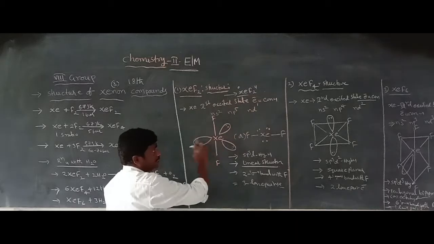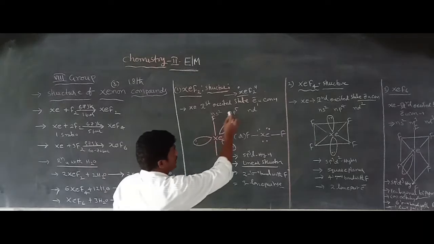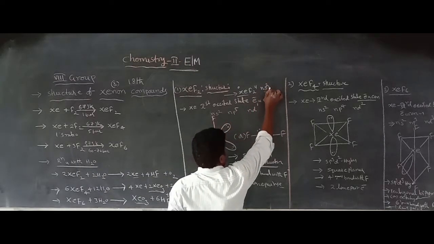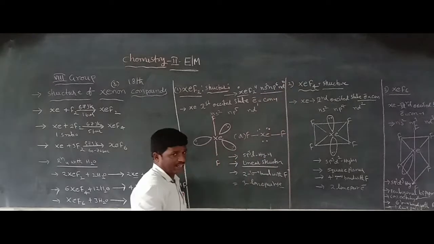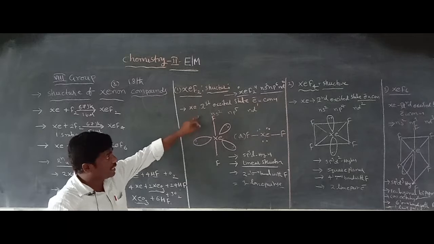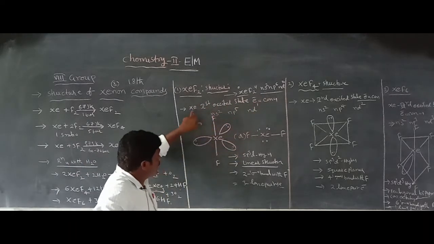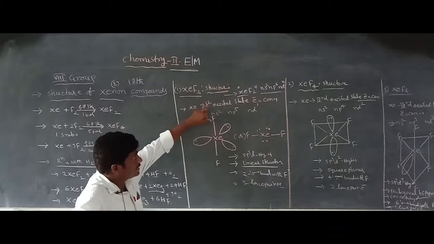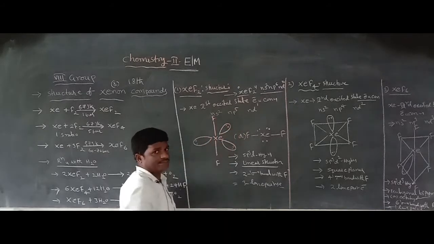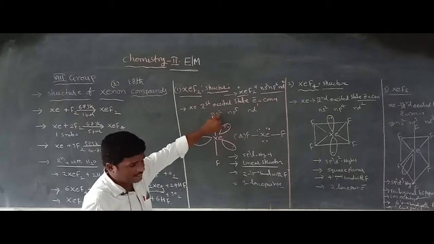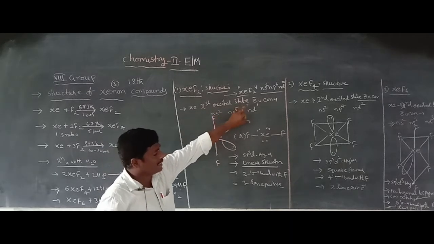The xenon ground state electron configuration is 5s2 5p6 5d0. But the xenon first excited state electron configuration is 5s2 5p5 5d1.